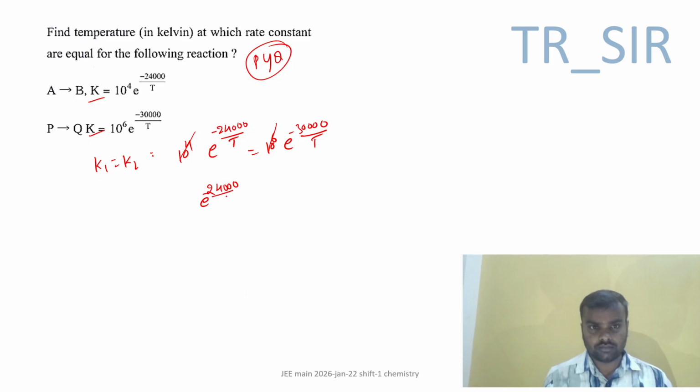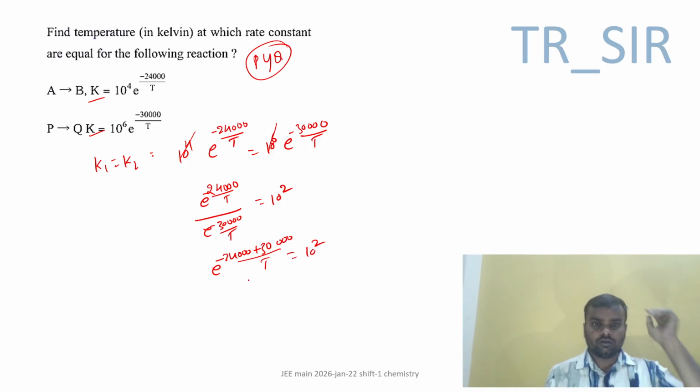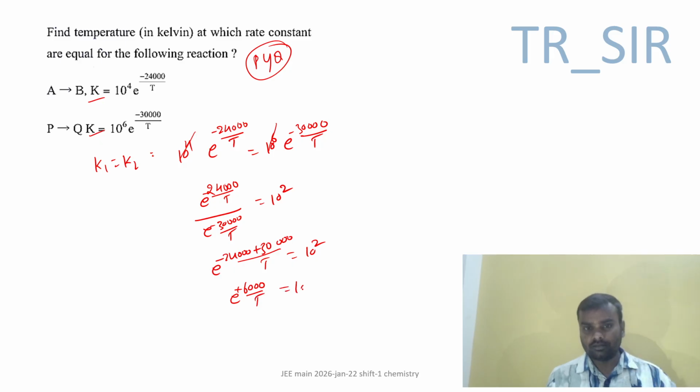So 30,000 by T minus 24,000 by T is equal to 10 power of 2. Now if I take the numerator, e power of minus 24,000 plus 30,000 by temperature is equal to 10 power of 2. What happened now? 6,000 is coming. E power of 6,000 by T is equal to 10 power of 2.